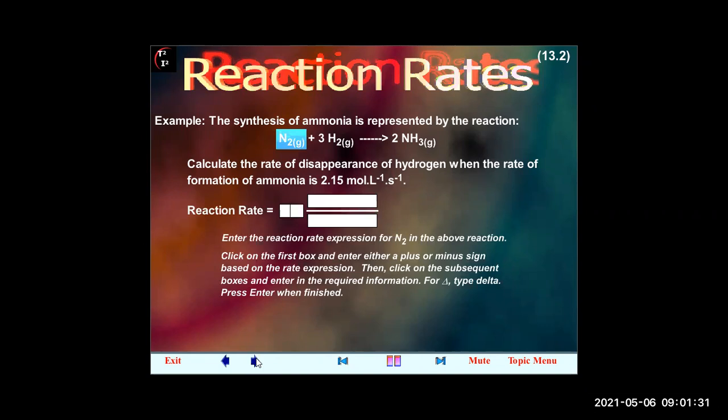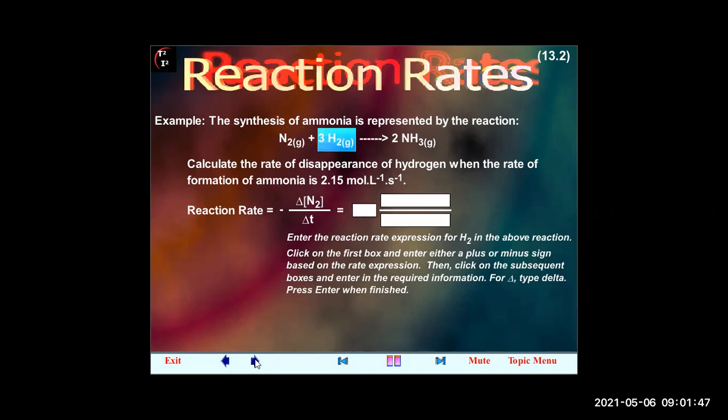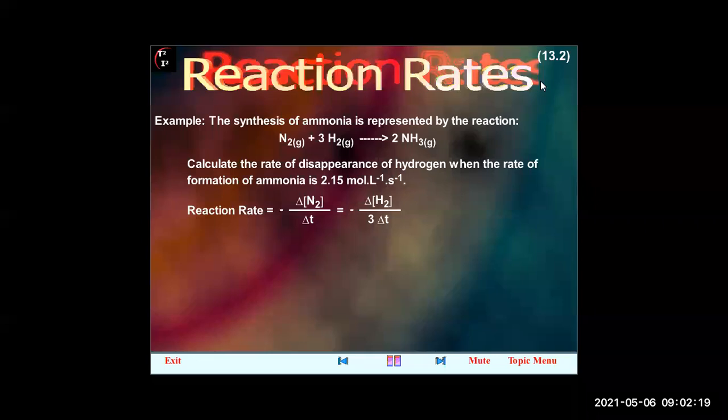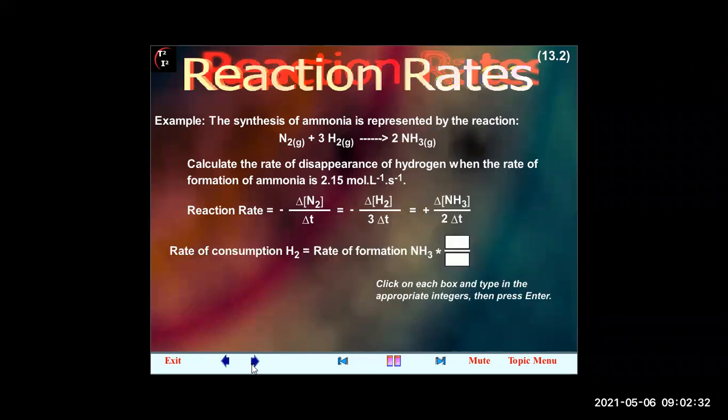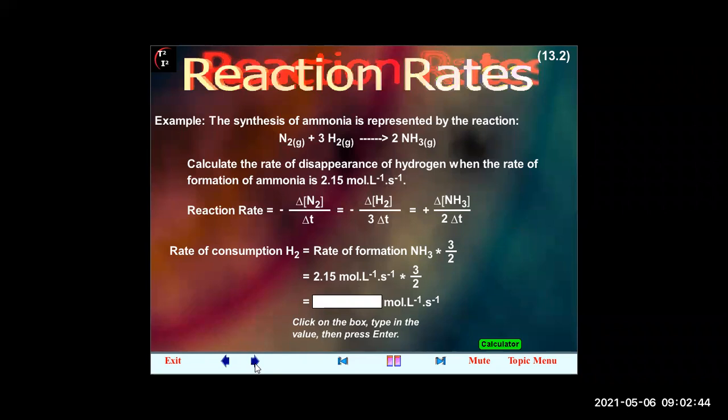Reaction rate equals divided by 3 delta T equals 3.23 moles per liter per second.